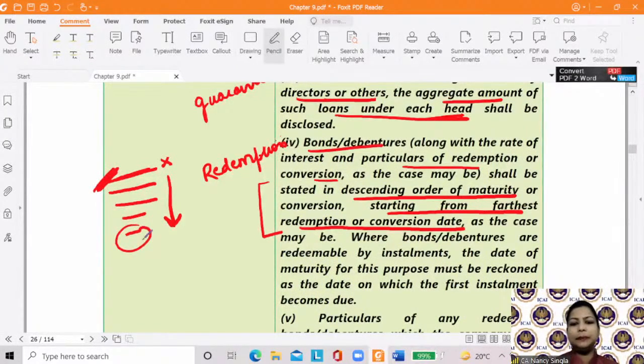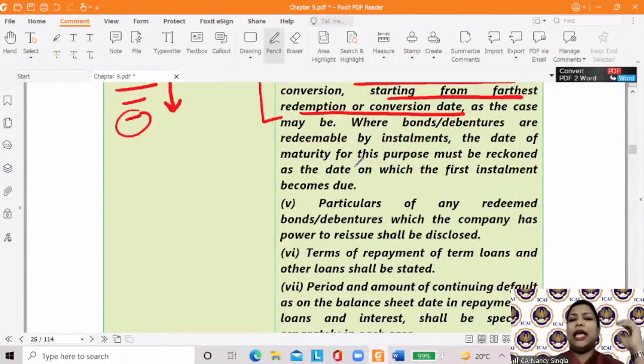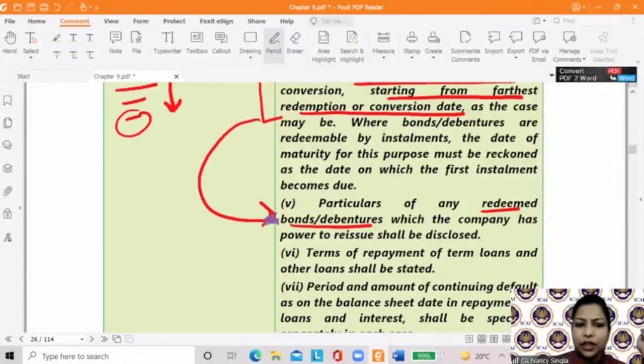Simple. Then, see how to learn, this is related to this point: if any of the redeemed bonds and debentures, the company has the power to reissue that bond or debenture, that will also be mentioned.